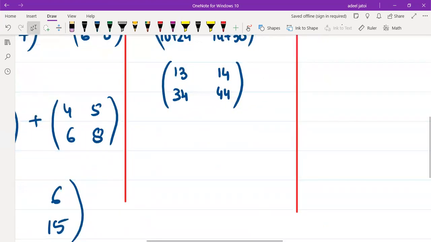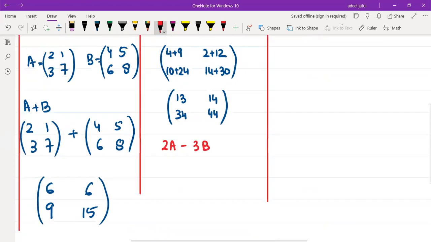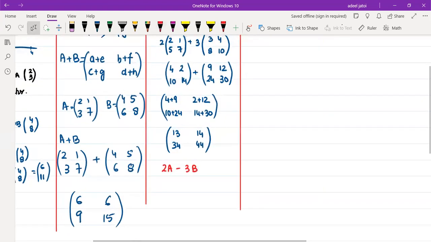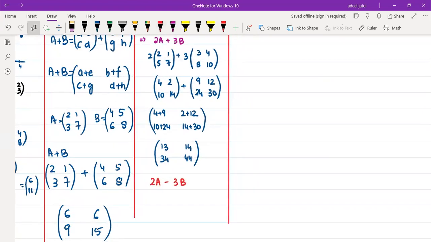Similarly, there can be a possibility of having 2a subtracted by 3b. Obviously, when you write down the entire value as above, this entire thing will be multiplied. You will end up having 4, 2, 10, 14, 9, 12, 24, and 30.